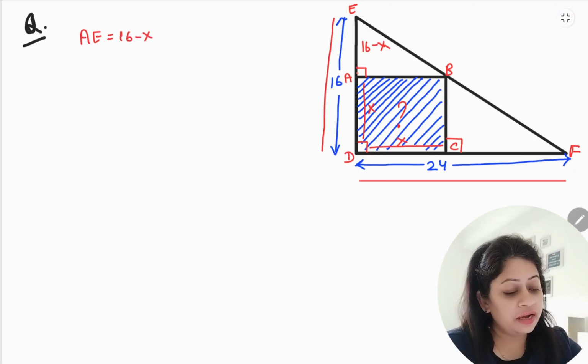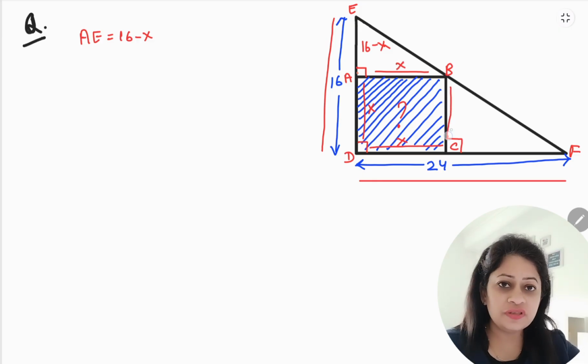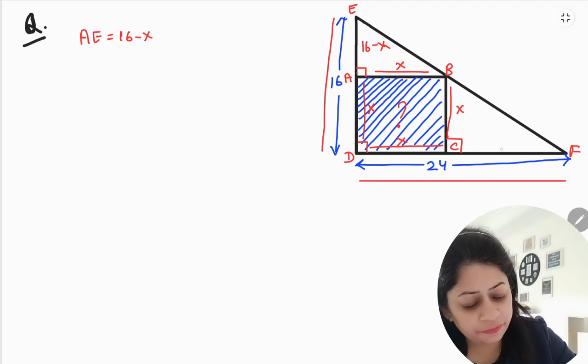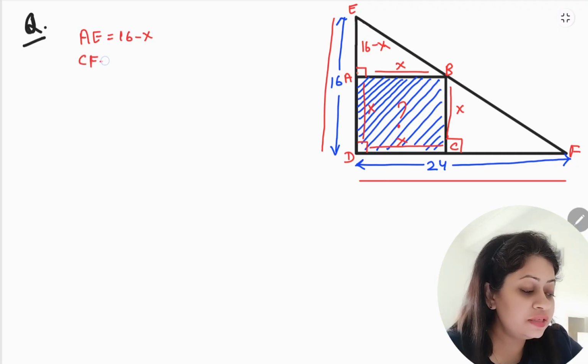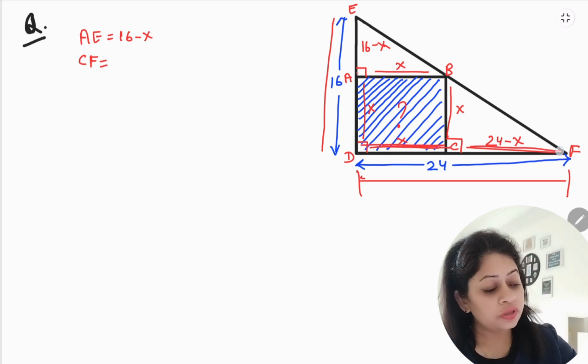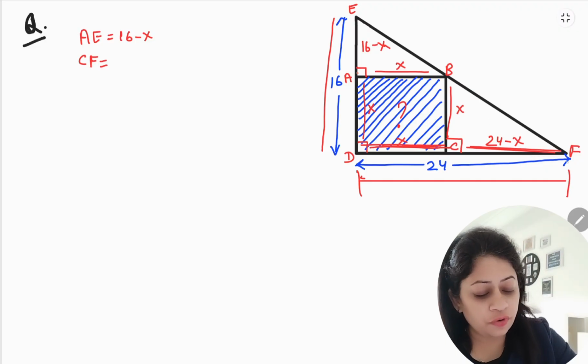Okay, and I know this is x, AB is x, BC is also x, all four sides are x, and this CF, if I find out CF, this remaining side will be equal to 24 minus x. Since this whole side is 24, and if I subtract this from this, I will get the remaining part. So in this triangle BCF, this CF is equal to what?